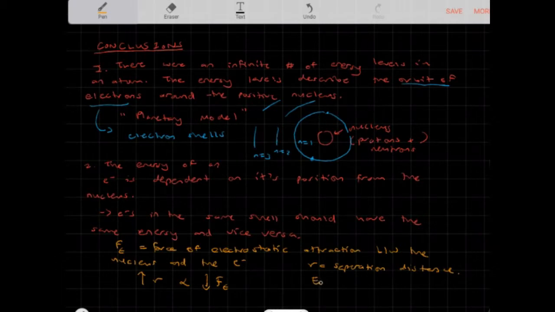And we also know that the force of electrostatic attraction affects the kinetic energy of an electron. Right? So if the force of electrostatic attraction decreases, then the kinetic energy of an electron will increase, and vice versa, right? So the more force of attraction that there is from the nucleus to an electron, the more limited the electron's kinetic energy is.